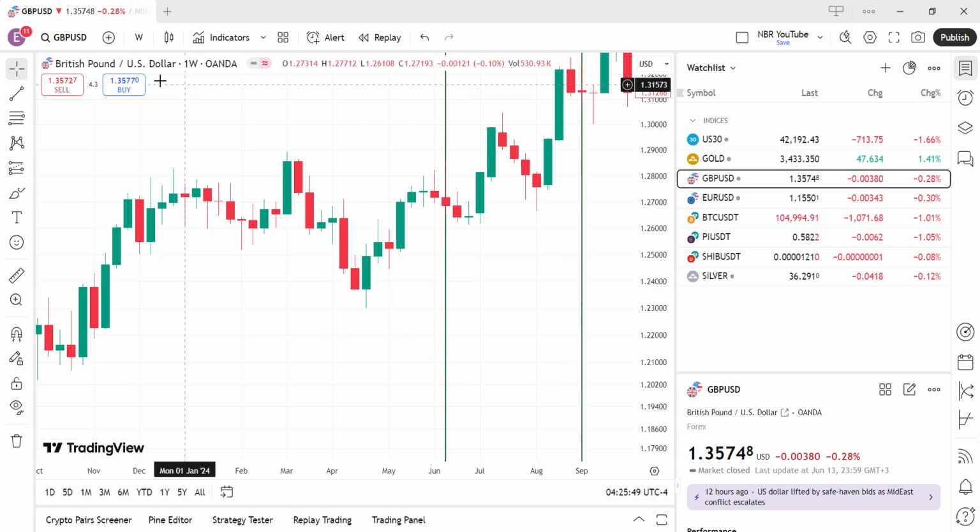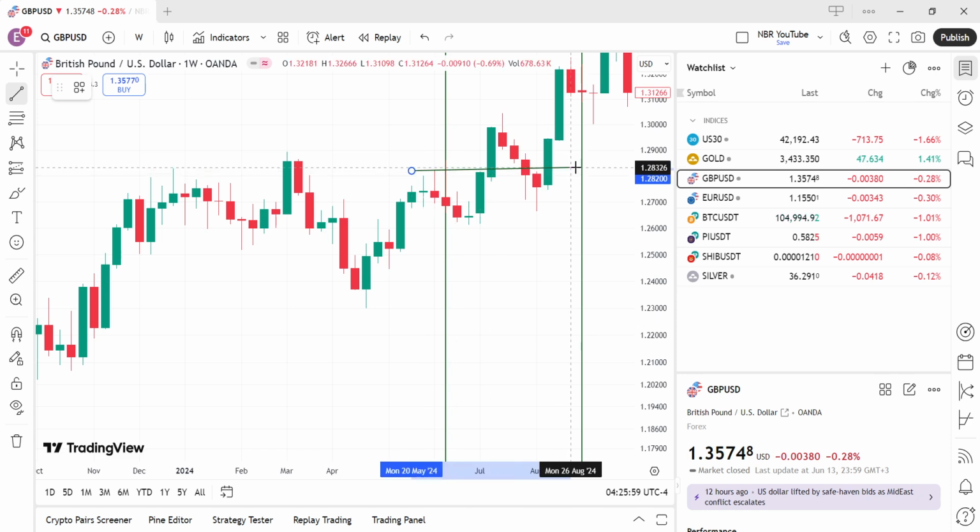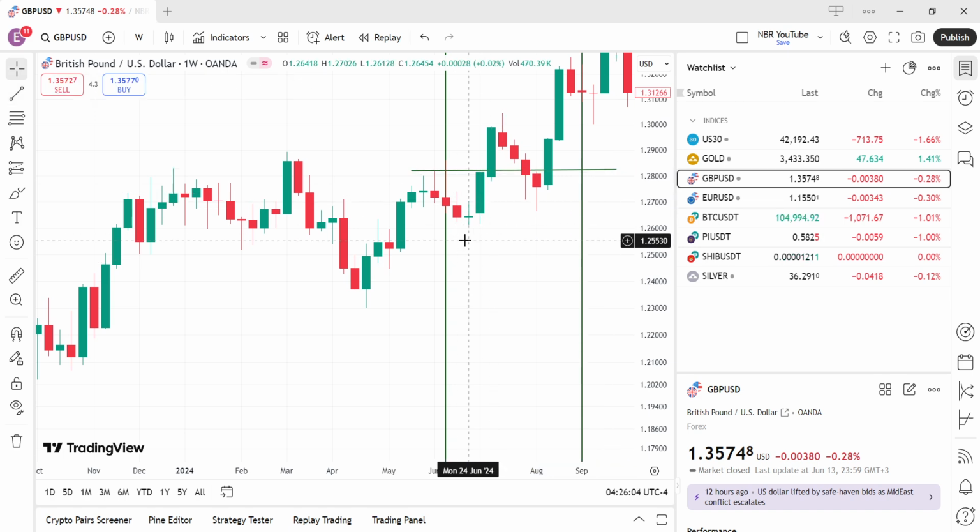All right, so we have here a break of the swing high, and then a swing low formed before the break, and then a swing high formed, and the retrace as usual.